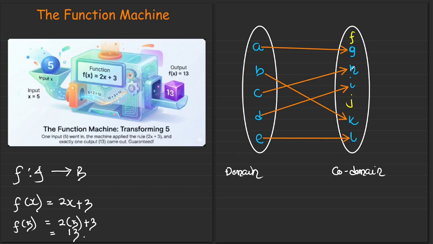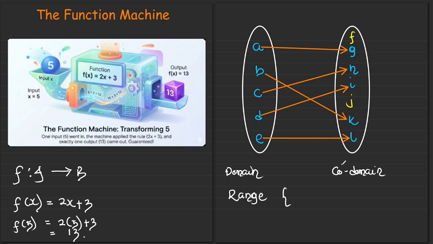So F, G, H, I, J, K, and L are all part of the codomain. But you see that there are those in blue which are actually traced from our domain. They are targets from the domain. On the other hand, F and J are not mapped to by any element in the domain. Those that have targets are what we call the range.